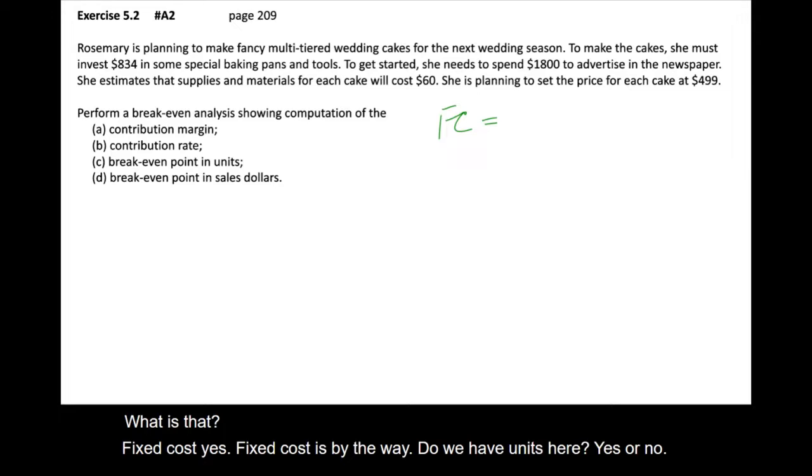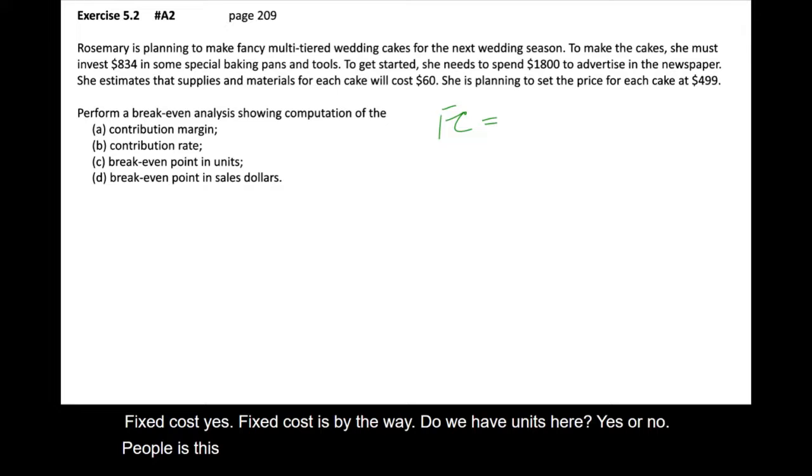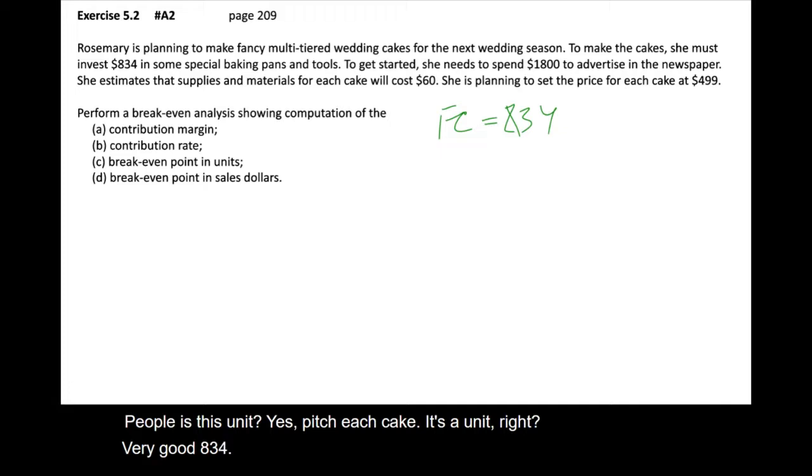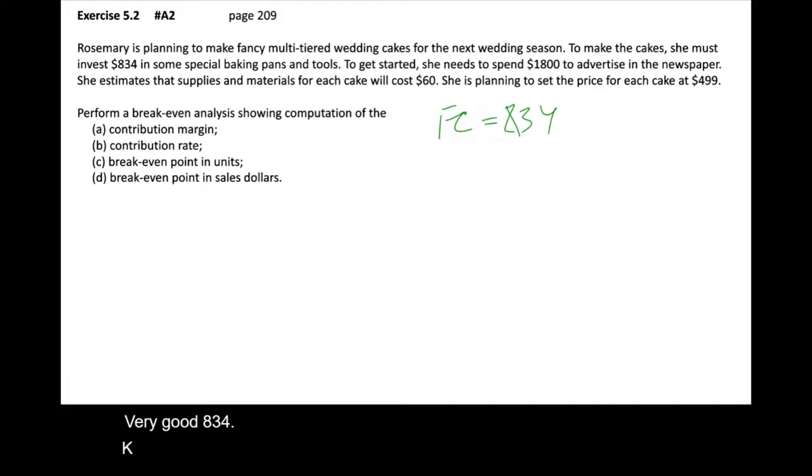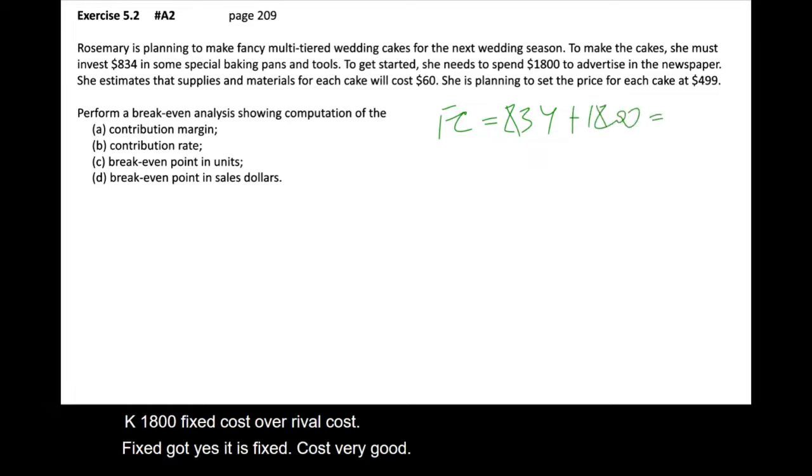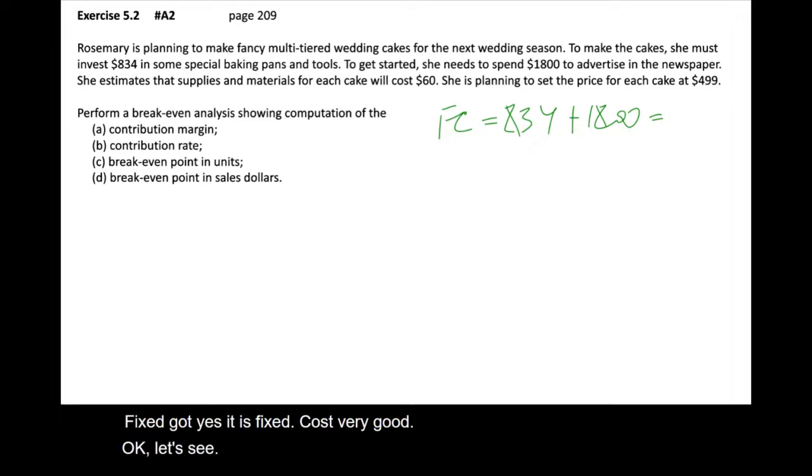Yes. Each cake is a unit, right? Very good. 834. Okay, 1800. Fixed cost or variable cost? Fixed cost. Yes, it is fixed cost. Very good.